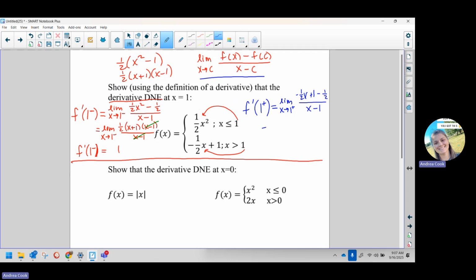Let's do a little math here. Limit as x approaches one from the right. That's going to be negative 1/2 x plus 1/2. I can factor out a negative 1/2.